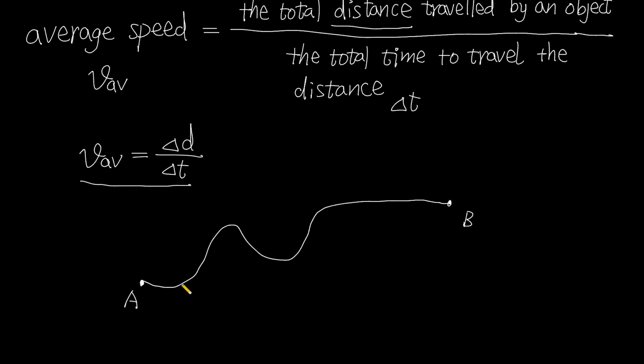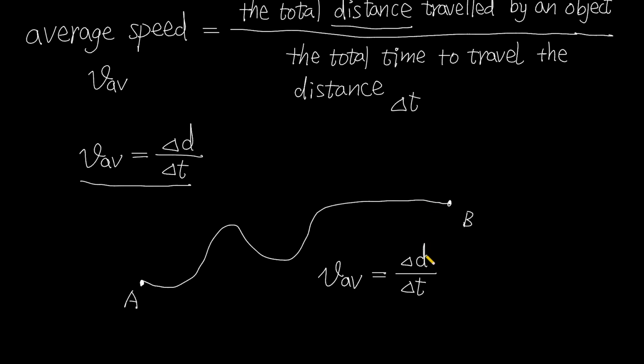And the total distance of the road is delta d. The average speed of this car is just equal to the total distance of the road delta d divided by the total time traveled by the car between point A and point B.